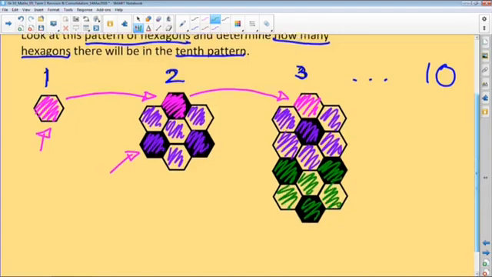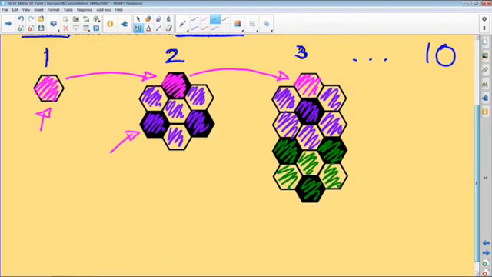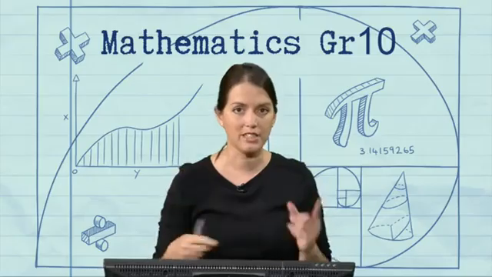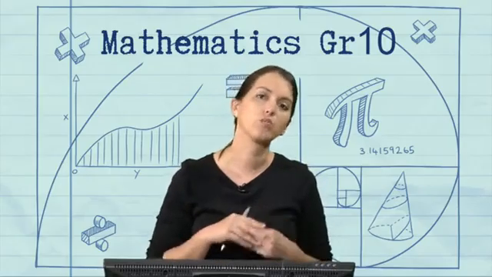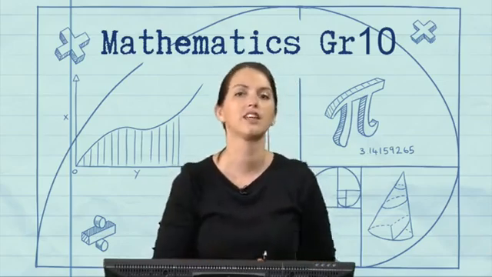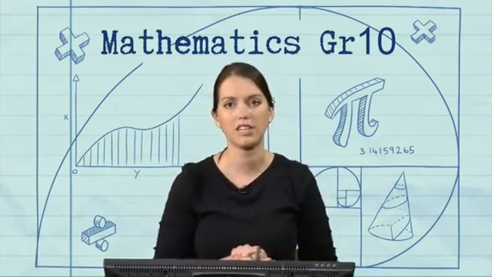Oh, I see a pattern. In each one, we're adding 6 hexagons. So we have a common difference between each one of 6 hexagons. Now, grade 10s, that means that we need to use that 6 somewhere in the general term. And the general term will then help us to calculate how many hexagons would be in the 10th one.